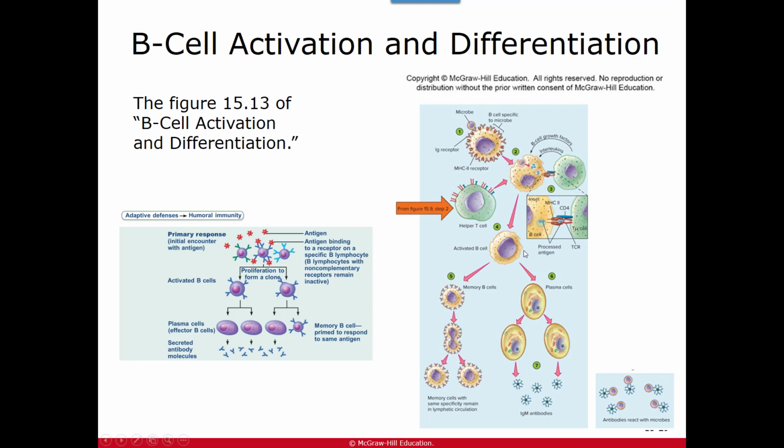So again, that activated B cell, most of them become plasma cells, and the job of a plasma cell is to churn out antibodies. Over on this one, if you look at the shape of the antibody, and then if you look at the shape of the B cell receptor, they look identical. And they're supposed to.